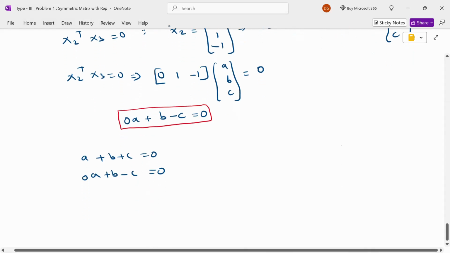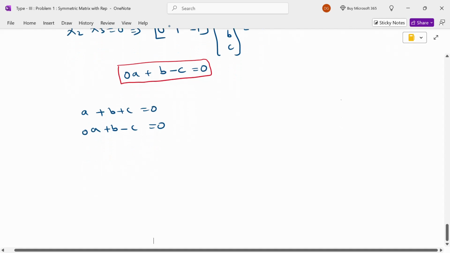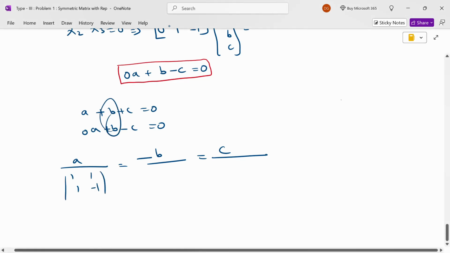If you have confusion about this, take it as x1, x2, x3 also. So here a by, minus b by, and c by. When I take a, the minor matrix is nothing but 1, 1, 1, minus 1. When I select b, it is 1, 1, 0, minus 1. Then for the third, the minor matrix is 1, 1, 0, 1.